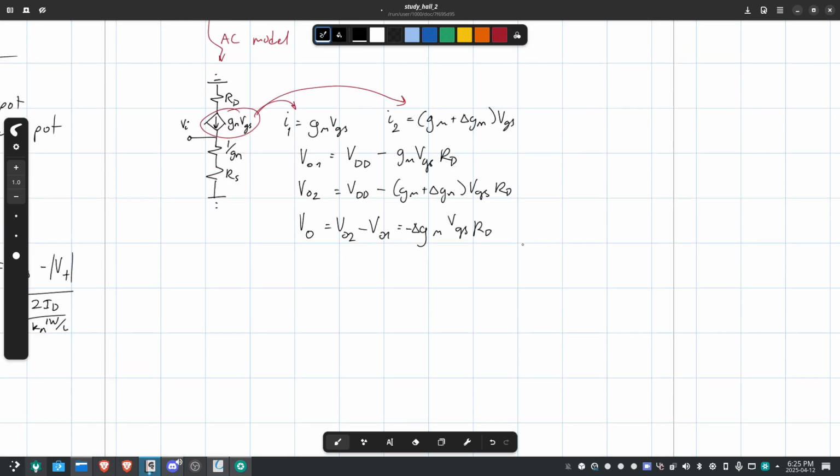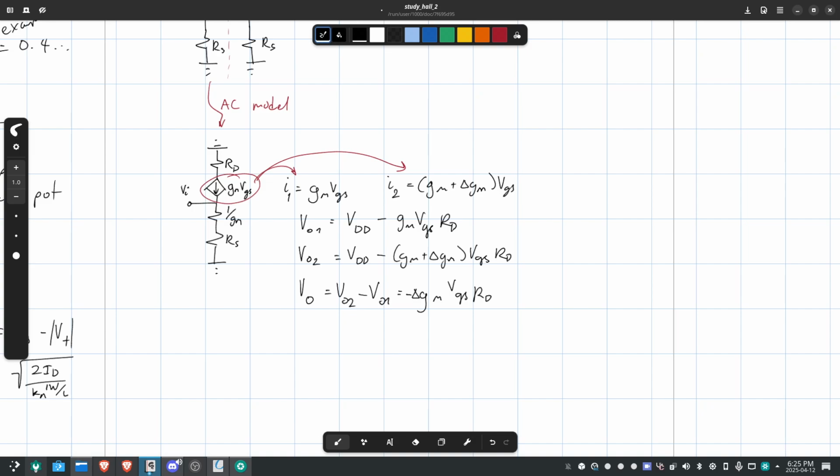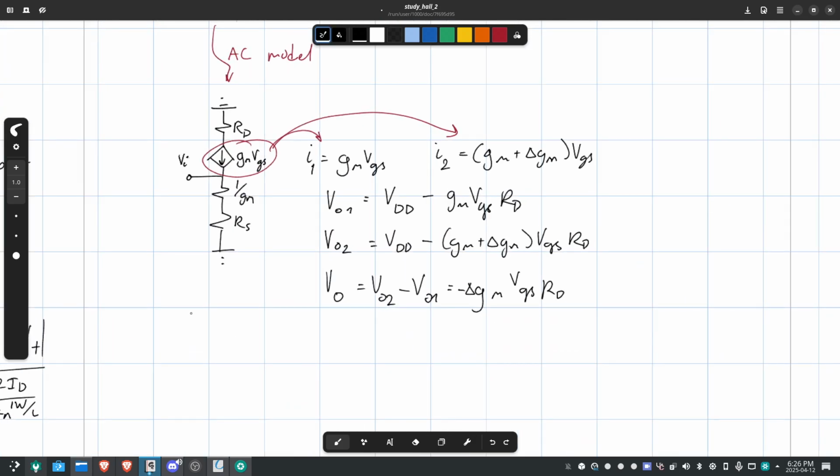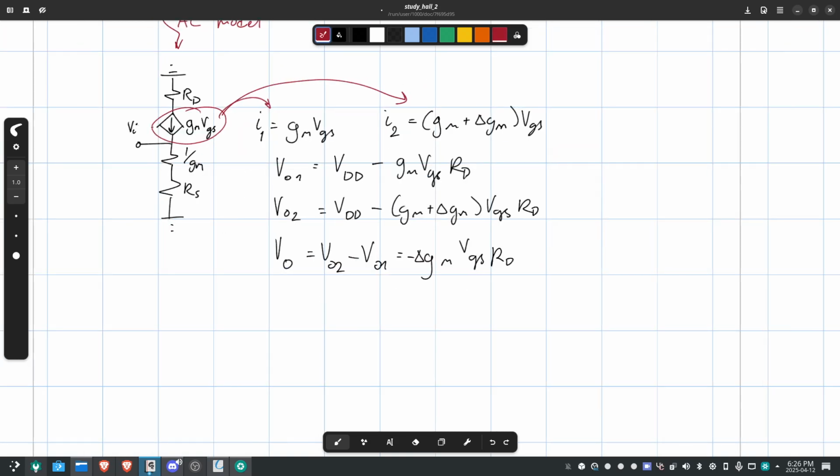All right, we need to find VGS now. Where's VDD? VDD is at top here. Okay, so what is VGS here? This is S, so this plus that is going to be VGS. But this is our VI, right? It's always best to represent that out, right? So VGS is just this difference. What is that?